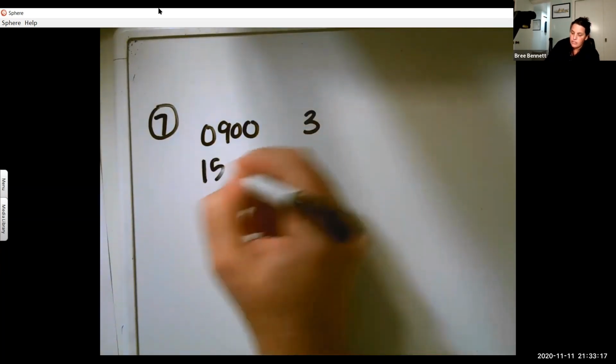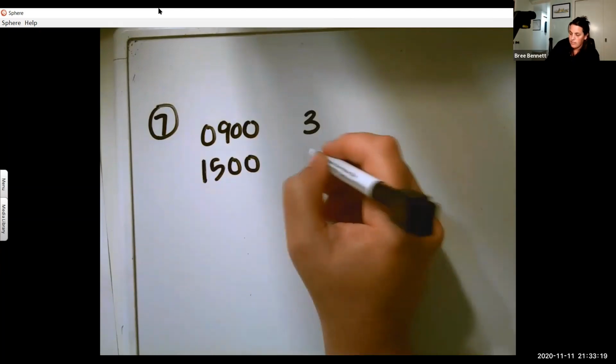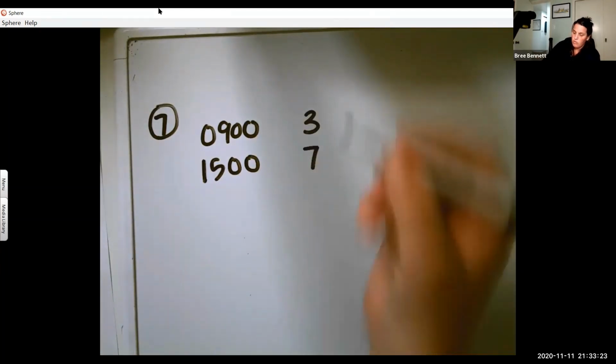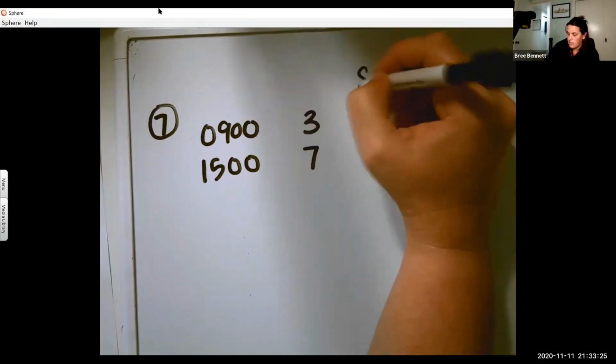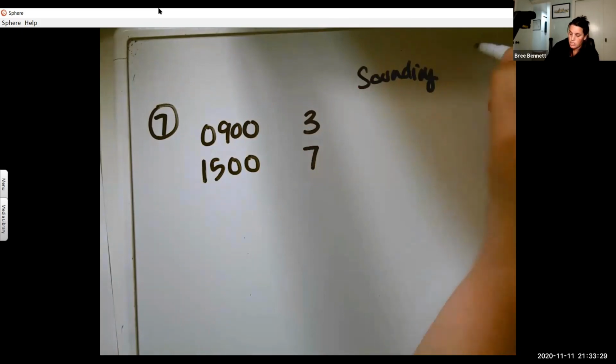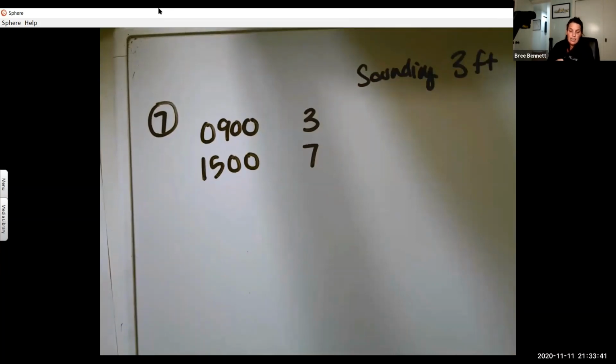At 1500, you have a tide of 7 feet. We have a sounding charted depth of an obstruction of 3 feet. In order to safely pass this area, you need 7 feet of water. Using the rule of 12ths, what is the earliest time you can make a safe passage?